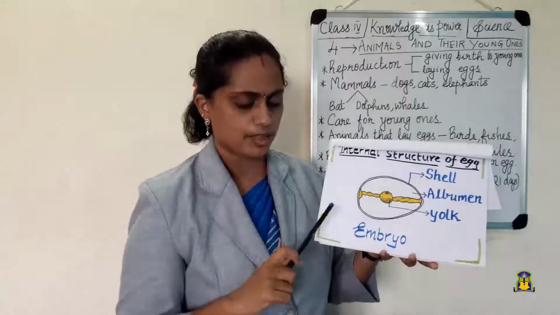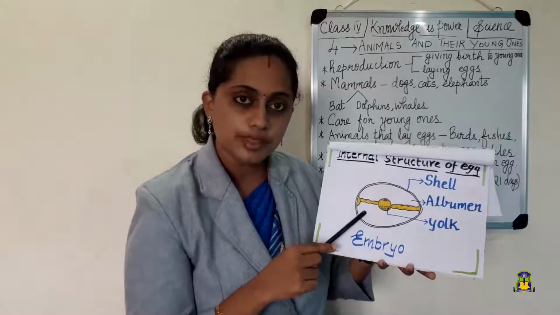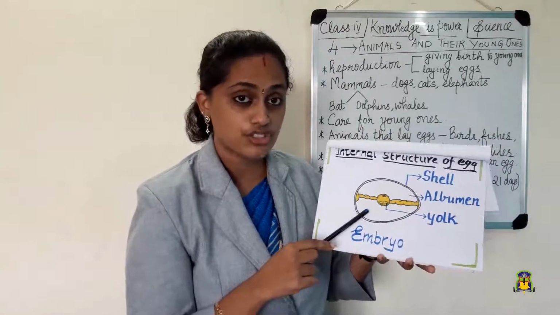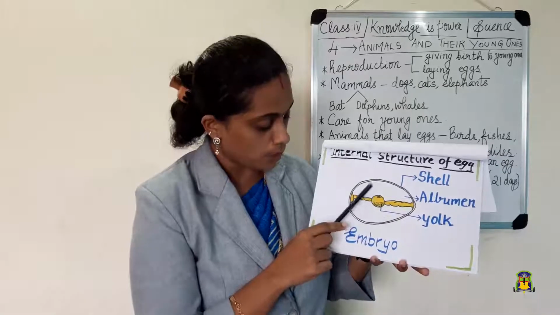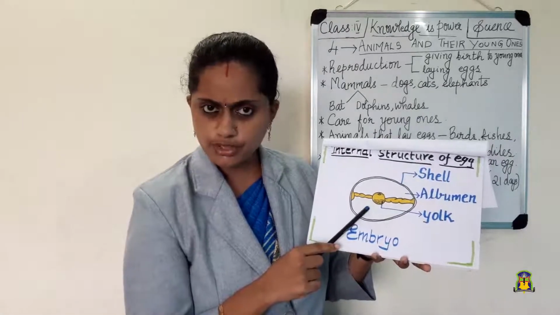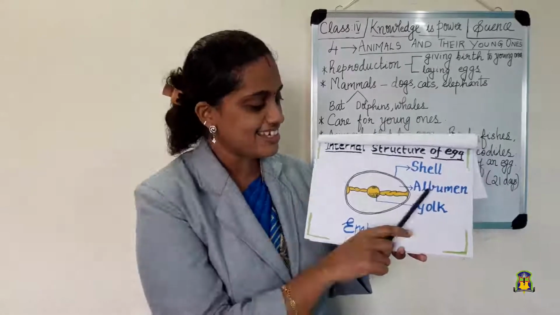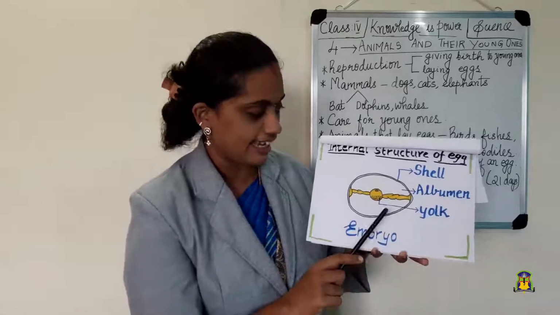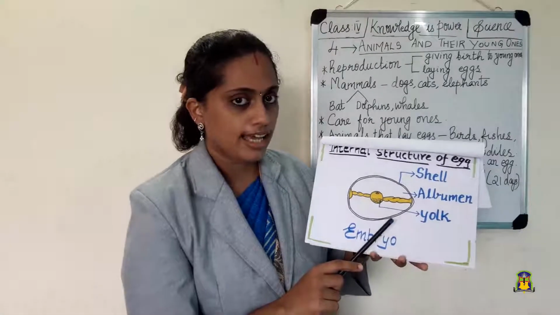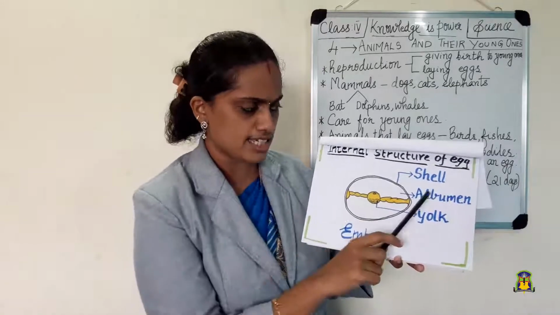So the first thing, what is the next one? Inside this shell, there will be a white jelly-like substance. What is that called? Do you remember? That day we discussed. Yes, it is albumen. I told you one more name is there for this albumen.